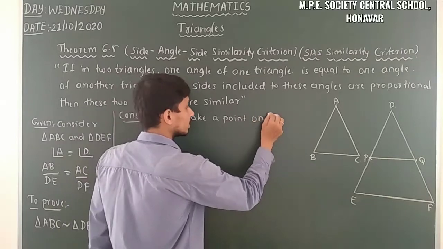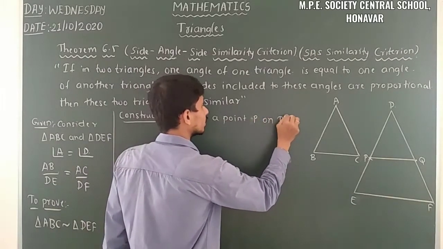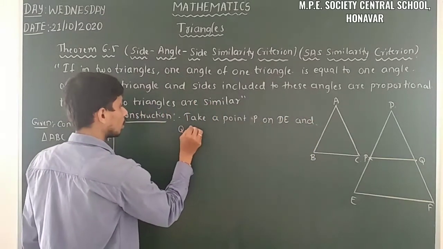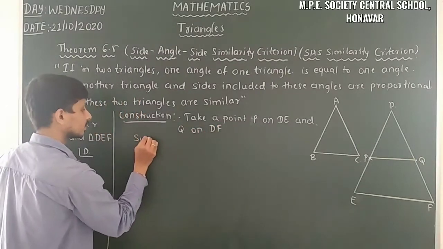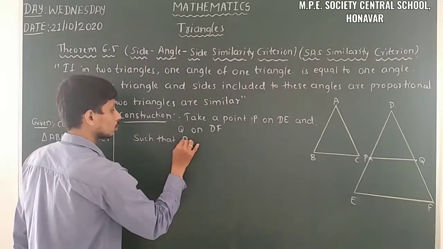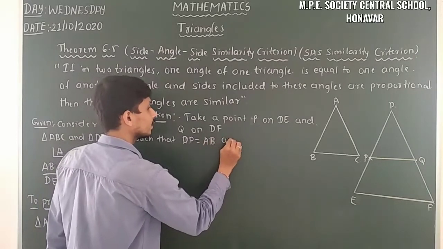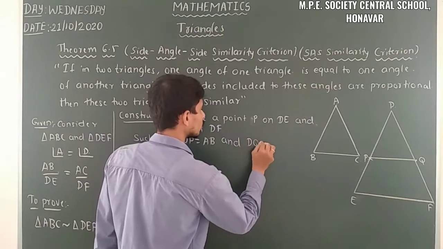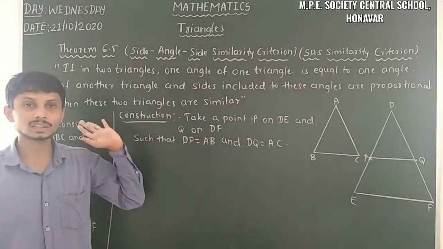Take a point P on DE and Q on DF such that DP is equal to AB and DQ is equal to AC. So we have the construction.